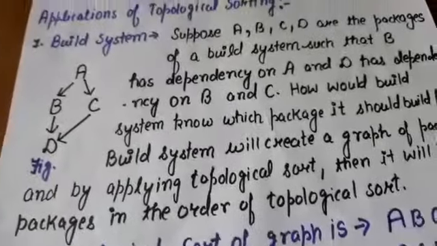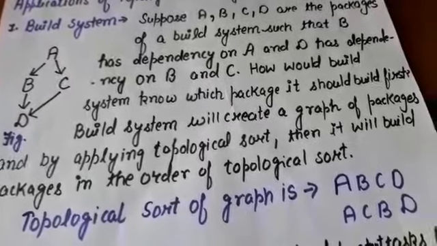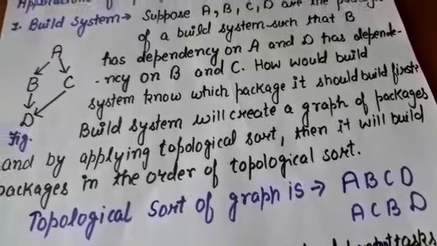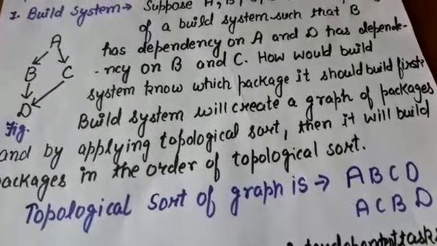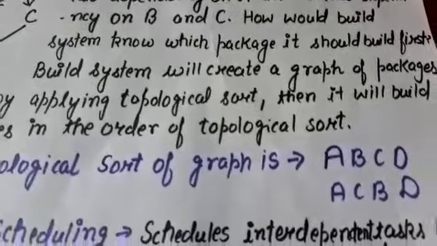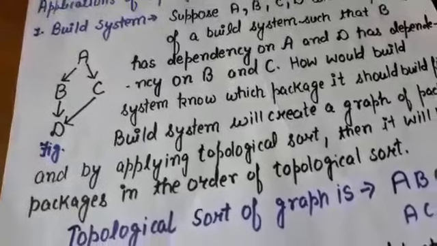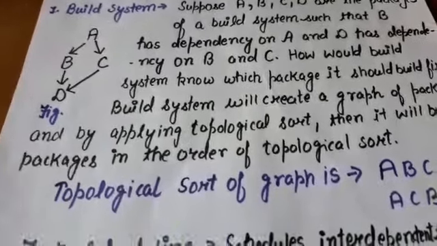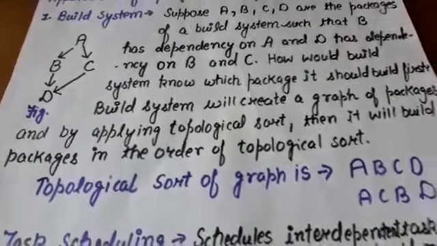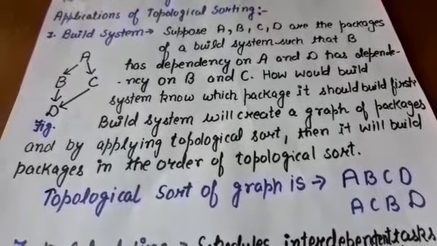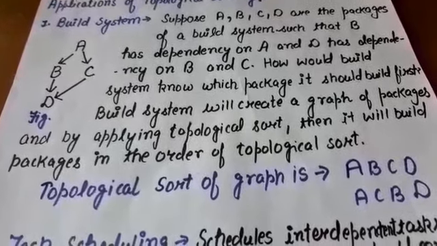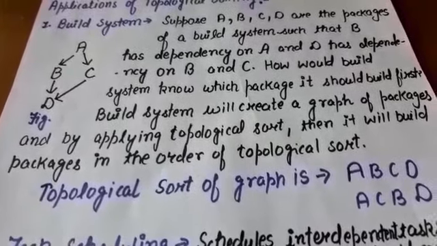See, ACBD tells that C comes after A, that is true. B comes after A, that is also true. It is also saying that D comes after B and C, and that is also true from the graph. So here I can see that the topological sort of a graph cannot be unique and I can have a number of topological sorts for the graph, right?